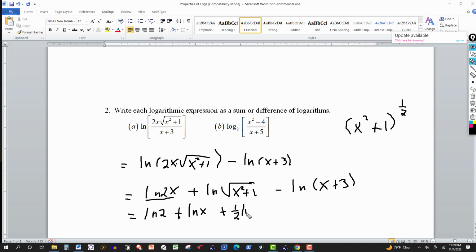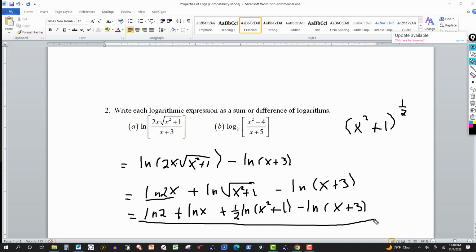And then this becomes just the natural log of x squared plus 1. And I bring the last term, minus the natural log of x plus 3. And this is your expression.